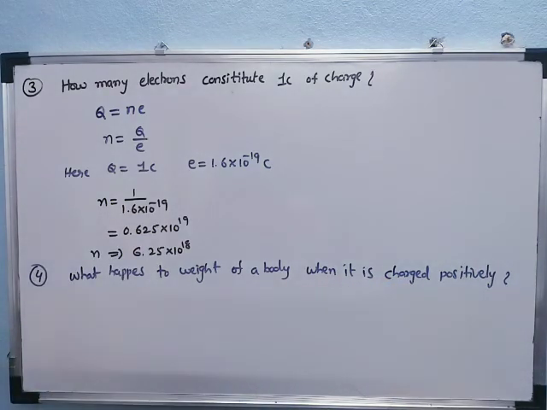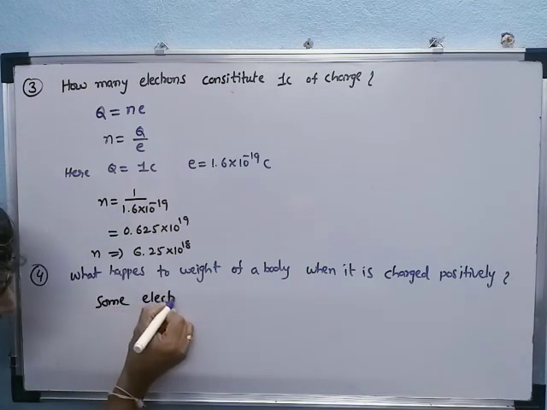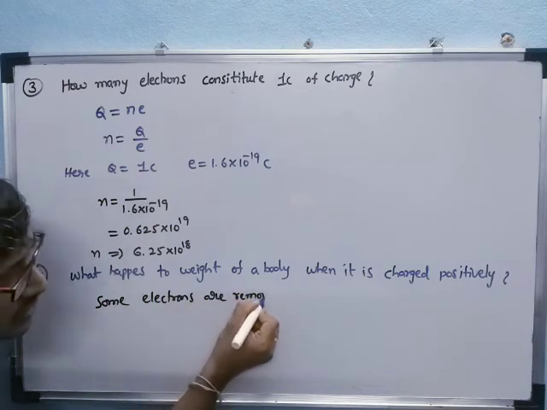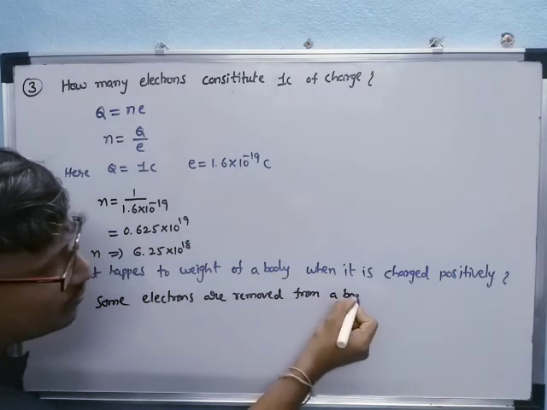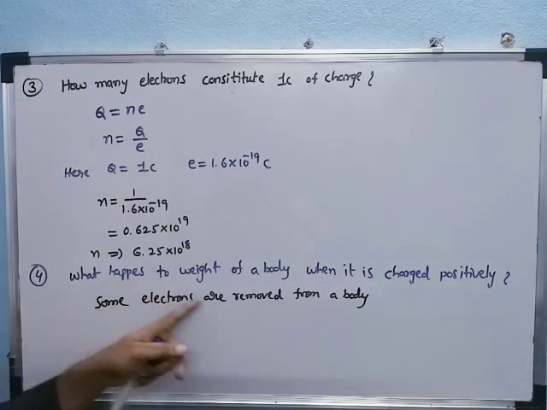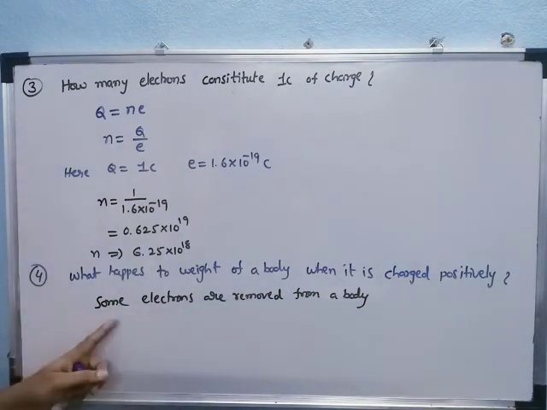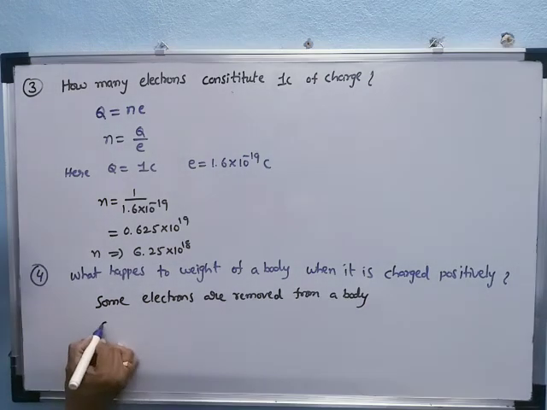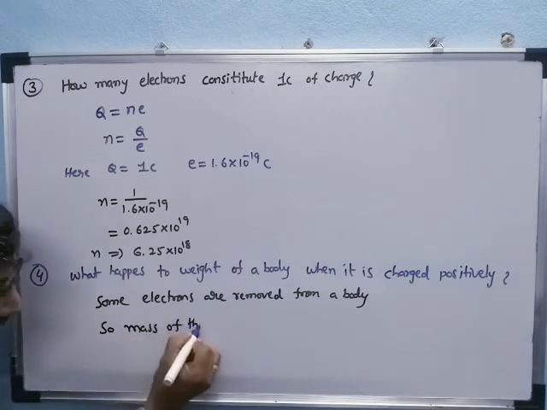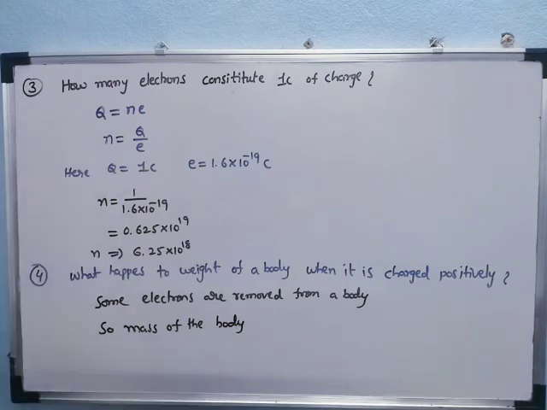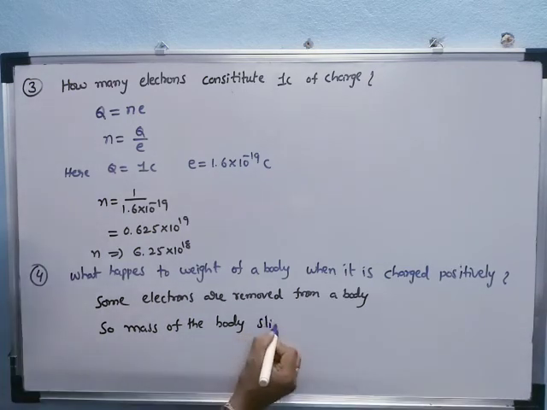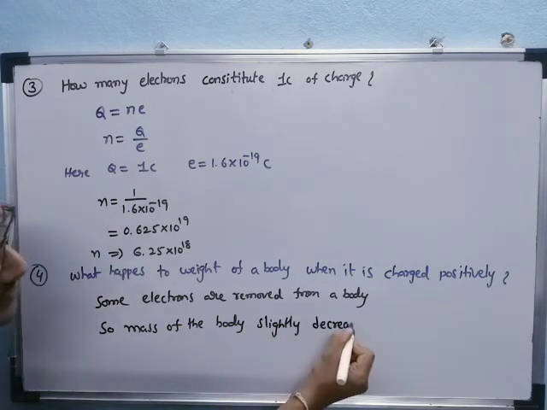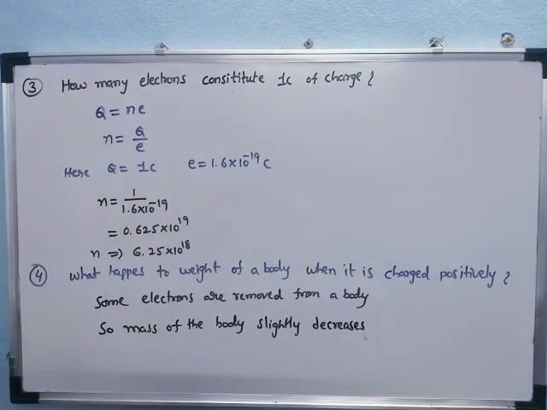When a body is positively charged, some electrons are removed from the body. When we give a positive charge to a body, some electrons are removed from it. So the mass of the body slightly decreases.